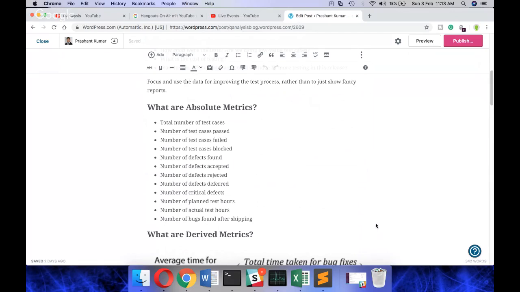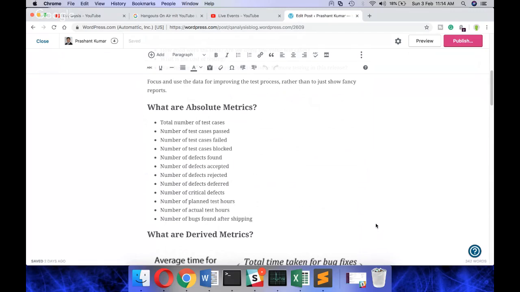Defect found is something which you are finding as a part of your testing process, and then when you report it to developers or to the product development team, they may or may not accept it depending upon what kind of issue it is, where it is impacting, what is the priority, is it directly related, is it indirectly related, can it be deferred, was the requirement understanding proper, or maybe there is a gap between the software developers' understanding and the testers' understanding, or is it a business critical issue, or it is something which was already present and may not be impacting the current release, so it will be moved on to the next one.